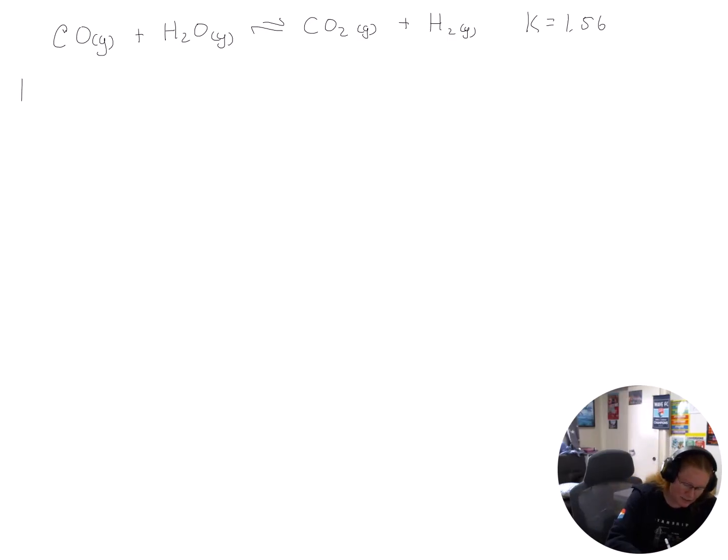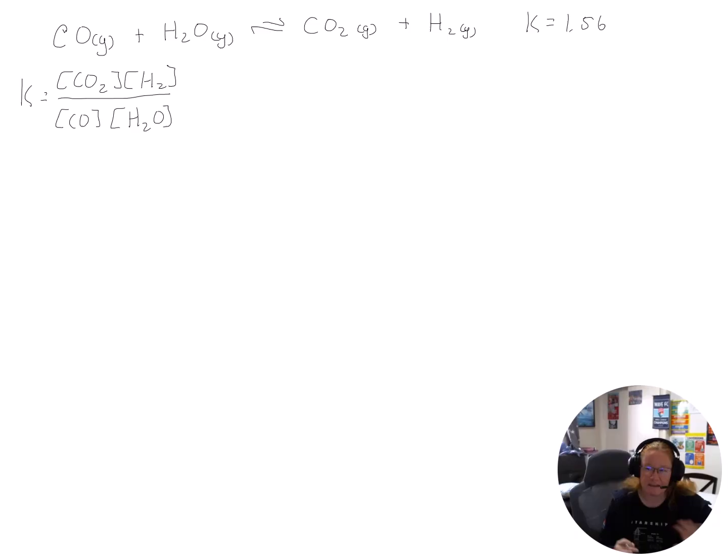So our K expression here has carbon dioxide, hydrogen gas, carbon monoxide, and our water vapor. Now let's say you were given all your amounts and you did your ice table. And at the end of your ice table, you're left with this.